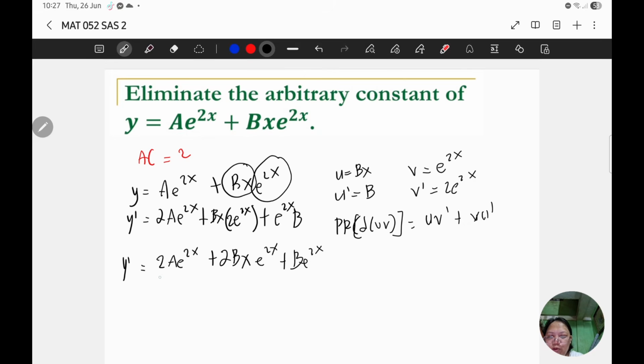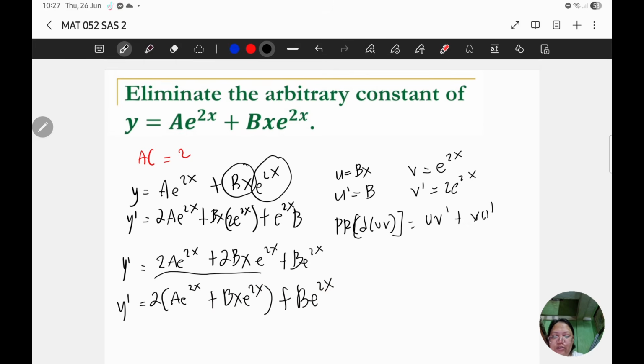Get the common factor. The common factor for these two terms is 2, right? So put the common term outside. So this becomes 2 times a e to the 2x plus bx e to the 2x, plus b e to the 2x. So what are our repeating terms?